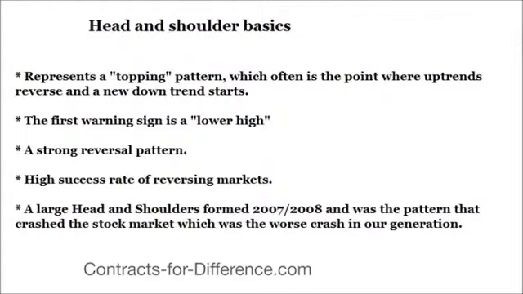The 2007-2008 crash actually had a head and shoulders, and it's quite interesting because at that point a head and shoulders was forming, it was near enough formed on the market, and the news was still positive. There was no negative news. It wasn't until we started to form that right shoulder, that last shoulder, that the news started turning negative about the loans in America, Lehman Brothers, the banks, the credit crunch was starting, but it already was showing in the charts.